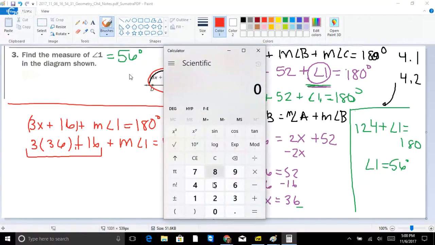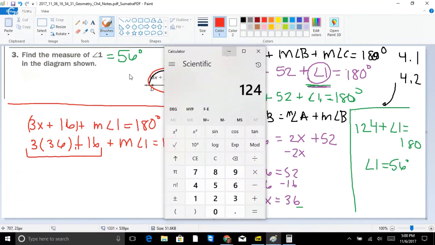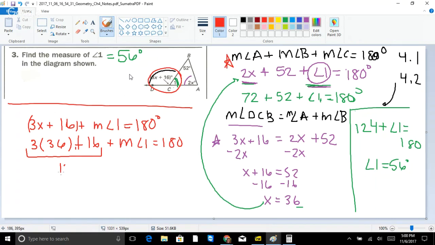So 3 times 36 plus 16 equals 124. So 124 plus the measure of angle 1 equals 180. Then I subtract 124 from both sides, and I end up with the measure of angle 1 is once again 56 degrees. So two ways to get to the same spot.